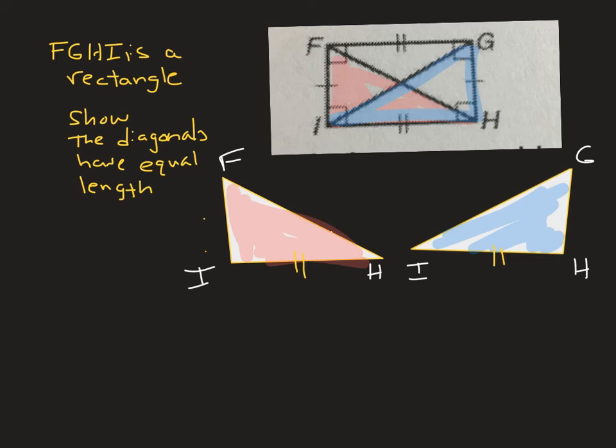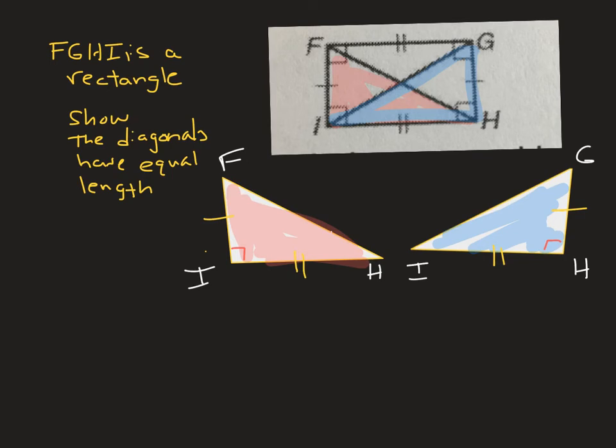I also know that the side FI is going to be congruent to side GH because you can see on the picture that this is a rectangle and they are marked congruent. We also know that we have a right angle in each of these triangles, and we know right angles are always congruent. So that's the reasoning we're going to use.